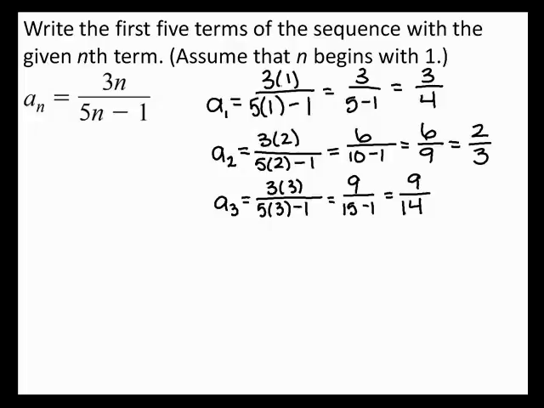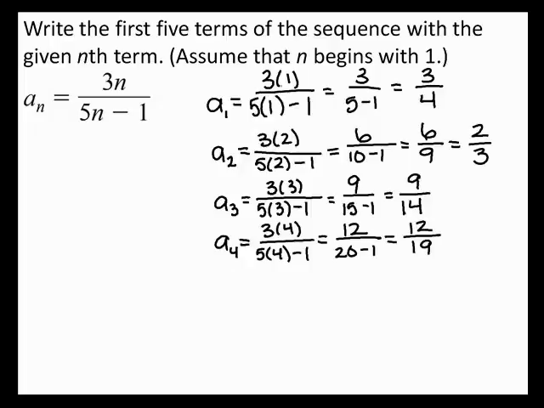Substitute 4 in for n. Simplify 3 times 4 and 5 times 4. Simplify 20 minus 1. You find that a sub 4 is equal to 12/19. Substitute 5 in for n. Simplify 3 times 5 and 5 times 5.